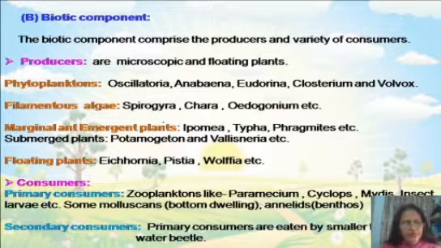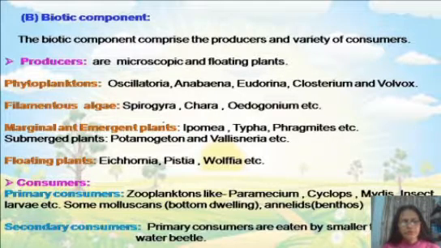The next group is consumers. Consumers are divided into three parts: primary consumers, secondary consumers, and tertiary consumers. So, what are primary consumers? Primary consumers are the consumers which feed upon producers.